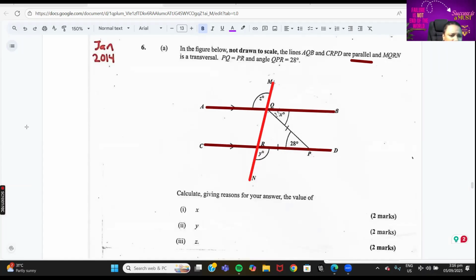It goes on to say that PQ, where's PQ? Oh, this line here. PQ is equal to PR. Interesting. So everything they say in here is giving you hints.